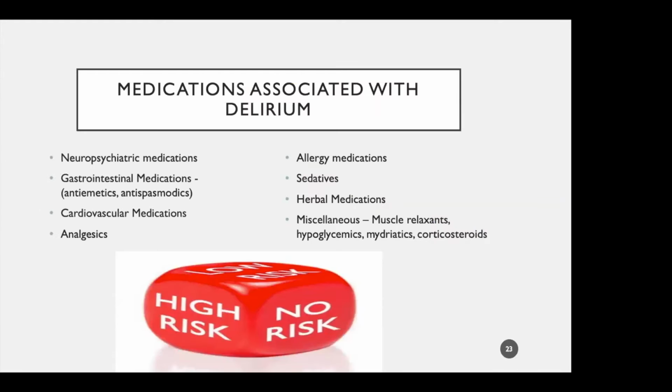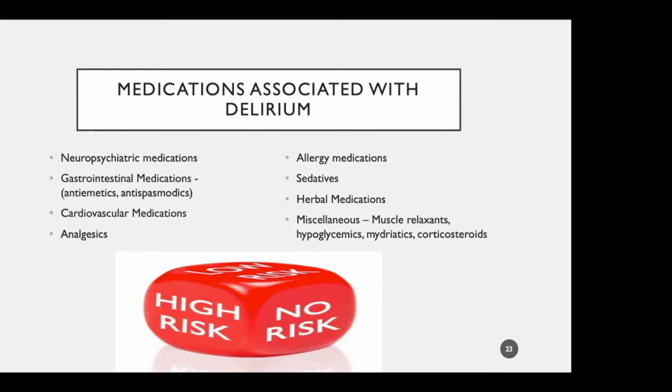Next slide. And here I'm just giving you a list of medications which are associated with delirium. Remember, I said all medications are, but psychoactive in particular. But look at the list here. Gastrointestinal medications, whether antiemetics or antispasmodics, cardiovascular medications, analgesics, allergy medications, sedatives, muscle relaxants.